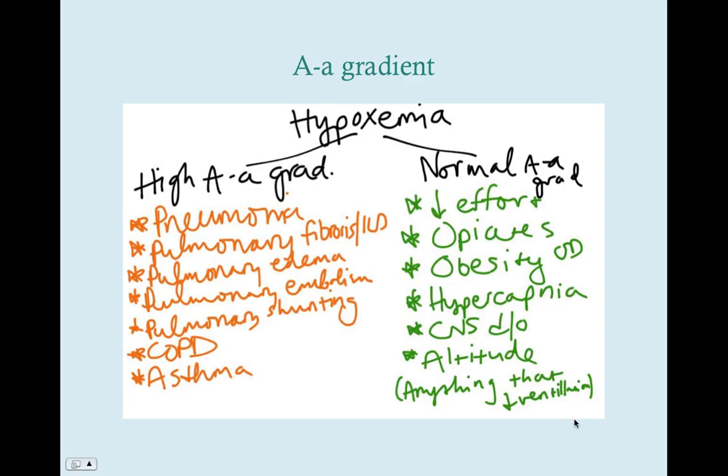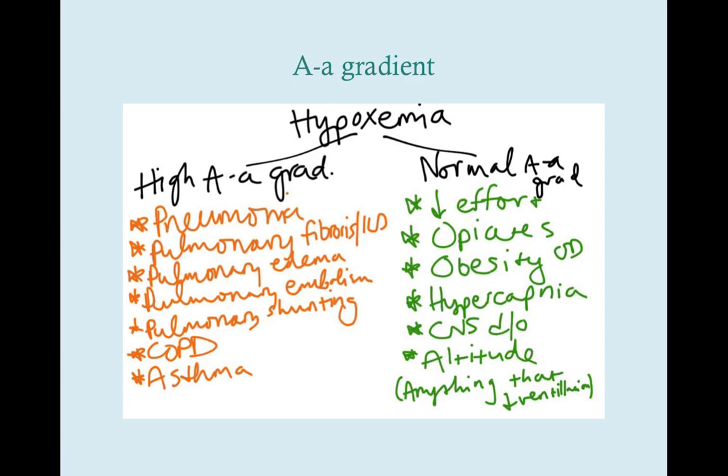With obesity, you're not getting as much expansion. So these are all problems that are not due to the lung itself, not due to the lung unit. It's due to something that's not allowing you to expand your lungs, or something that is nervous-system related, like Guillain-Barré syndrome, or any other disease that reduces your breathing.